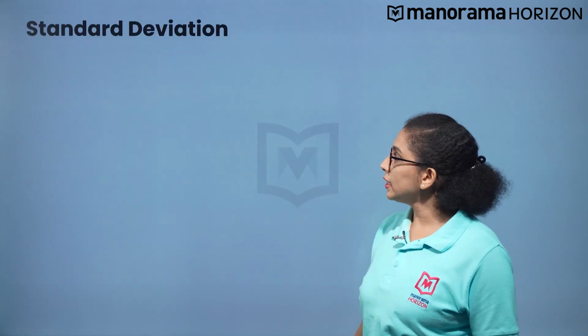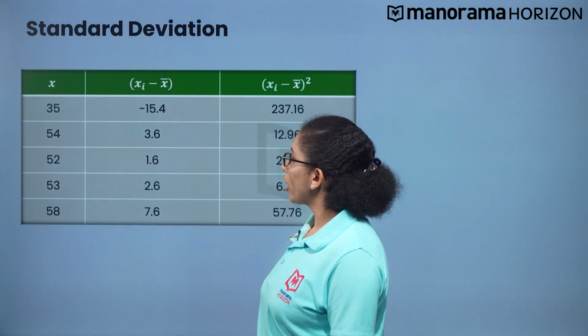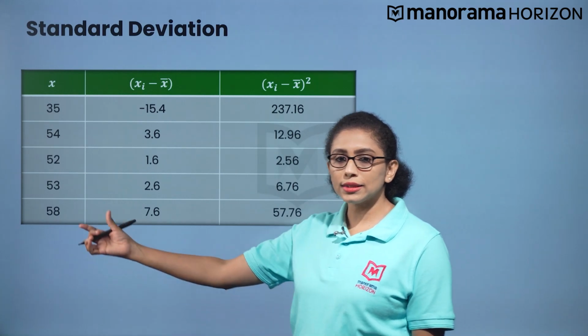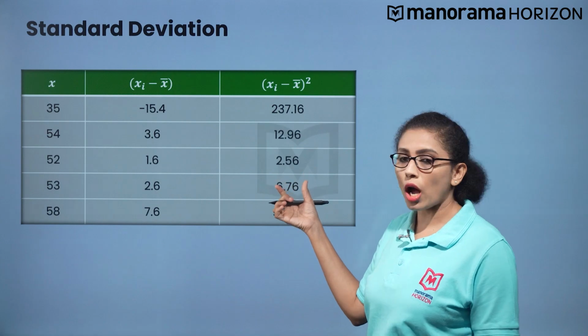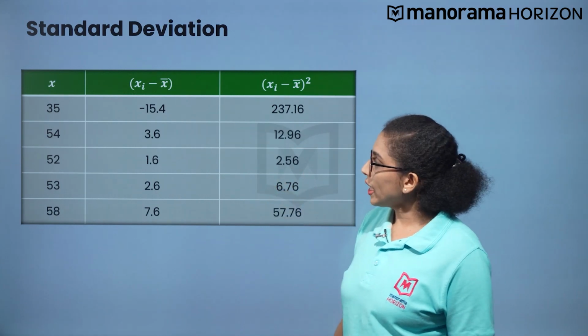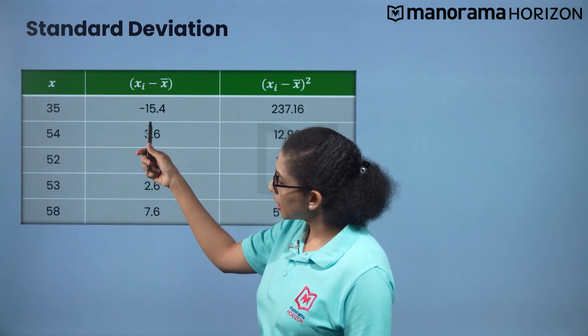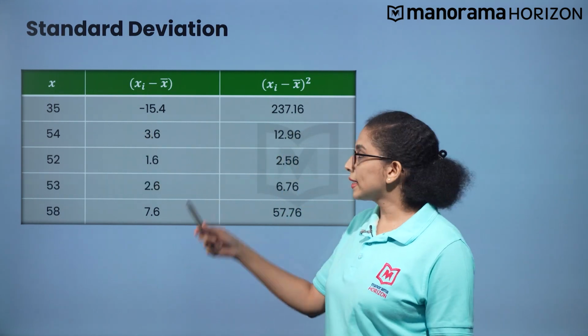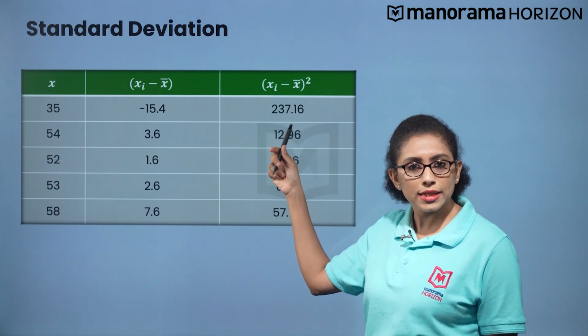Now, to find the standard deviation, we have to make a table showing the values of x, xi minus x bar, and xi minus x bar the whole square. When x is equal to 35, xi minus x bar is minus 15.4 and xi minus x bar the whole square is 237.16.